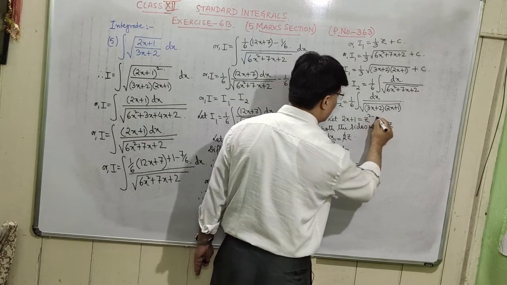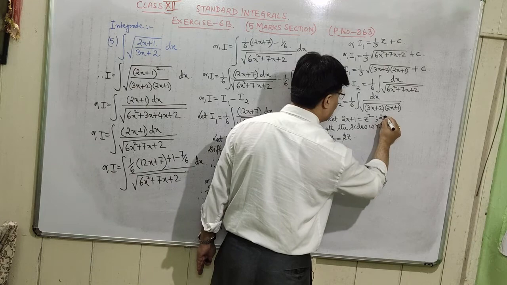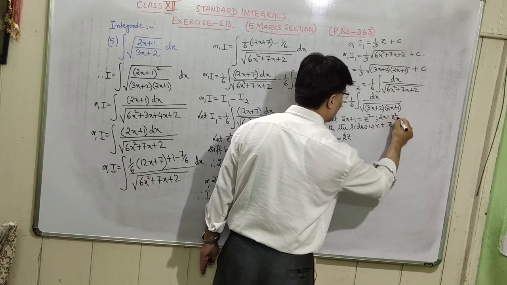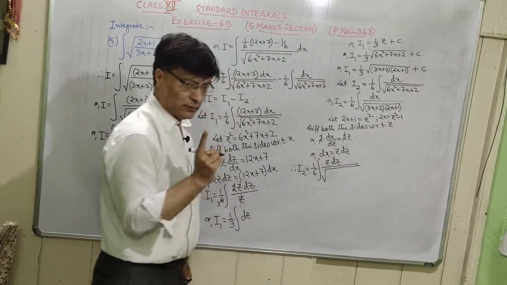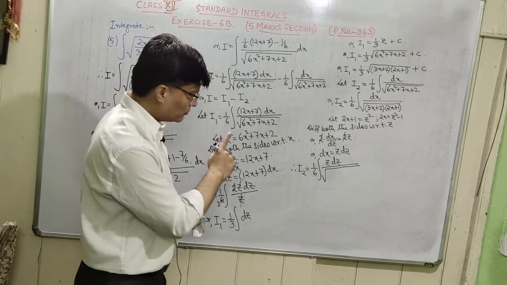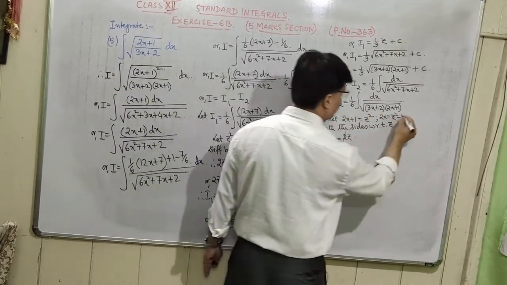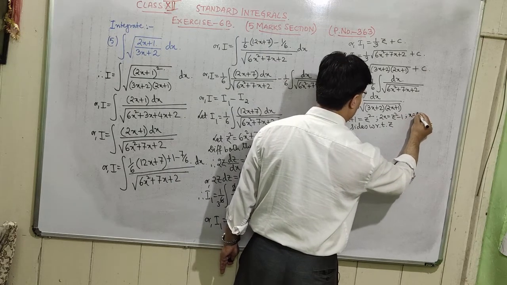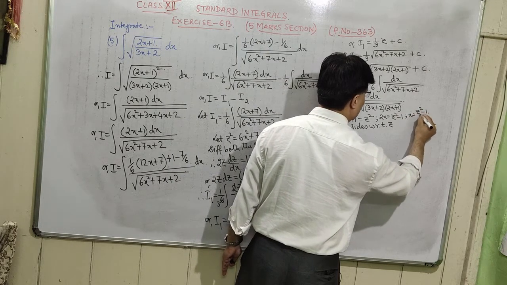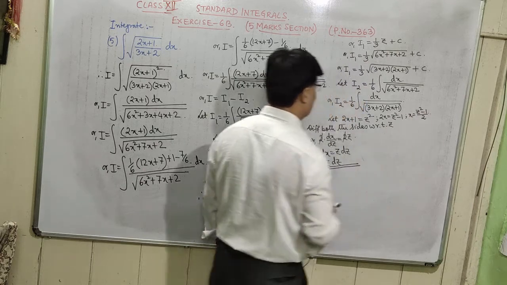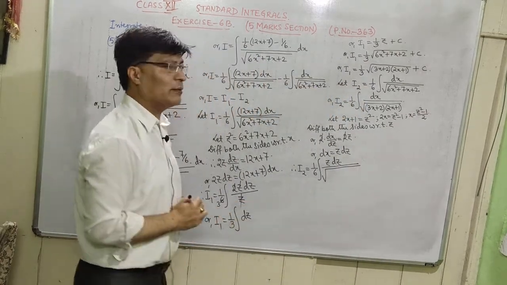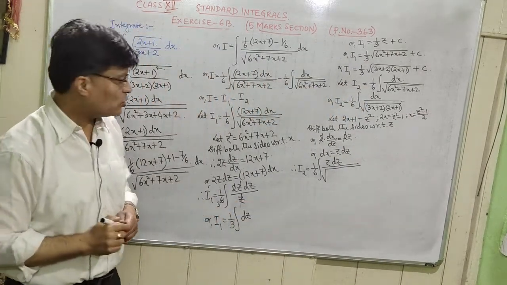What is the value for x from here? Here 2x is equal to z square minus 1. Is that clear? The plus 1 is taken to the right hand side, so it becomes minus 1. So what is the value for x? It is z square minus 1 whole divided by 2.